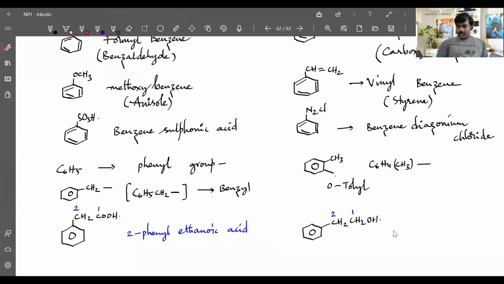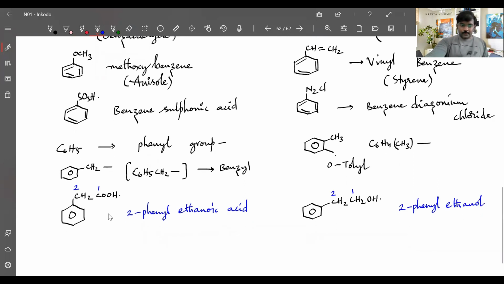On the second carbon, the phenyl group, only C6H5, is attached. So you can write it as 2-phenyl ethanol.